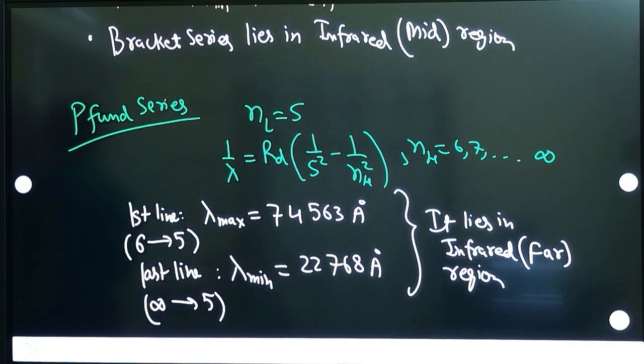Okay. So I think we have covered this. Now, an important formula for the number of transitions: the total number of possible emission lines.